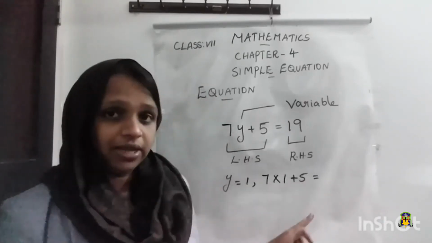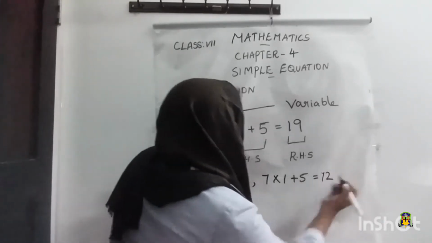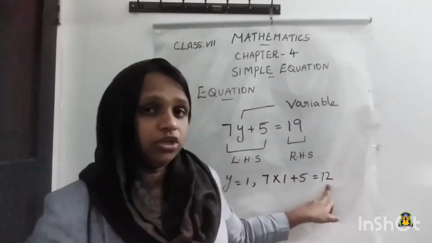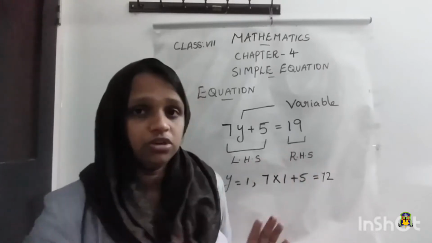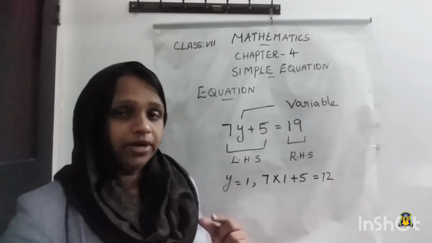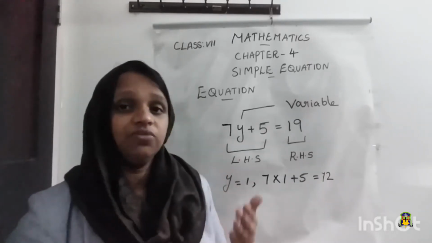It is 12, isn't it? See this RHS, it is 19, no? 19 is not equal to 12. That means LHS is not equal to RHS when y is equal to 1. y may vary, no? That means it is a variable.